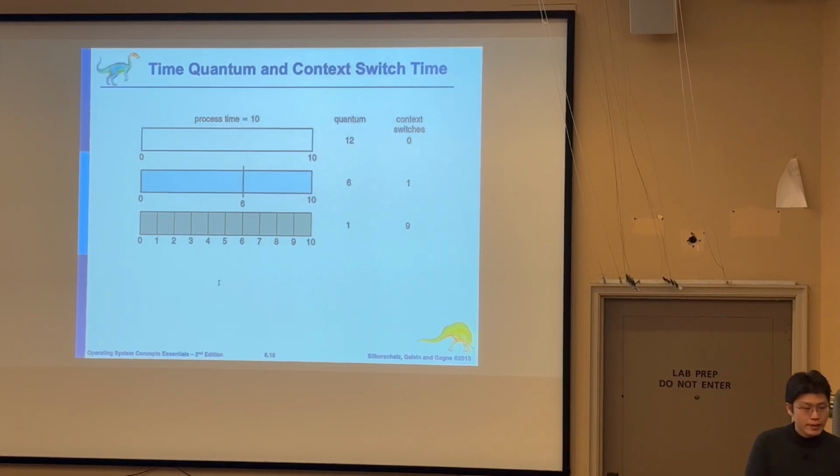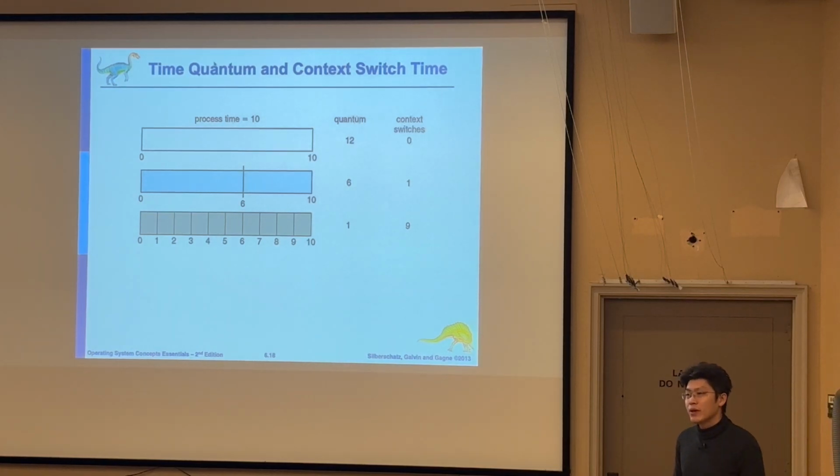Essentially, after every time quantum, you need to check whether a schedule has to be made. You need to check the readiness, see whether there is another process that has higher or equal priority to your current process, and you need to do a context switch.